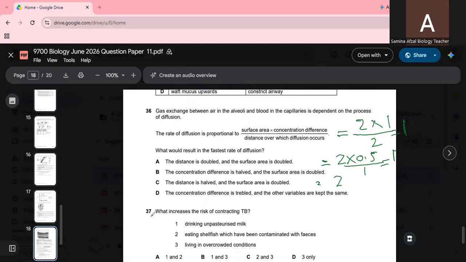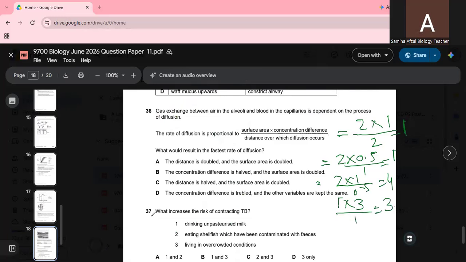So it is 2 times 1 divided by 0.5, which is equal to 4. And then D is the concentration difference is trebled, which is equal to 3.